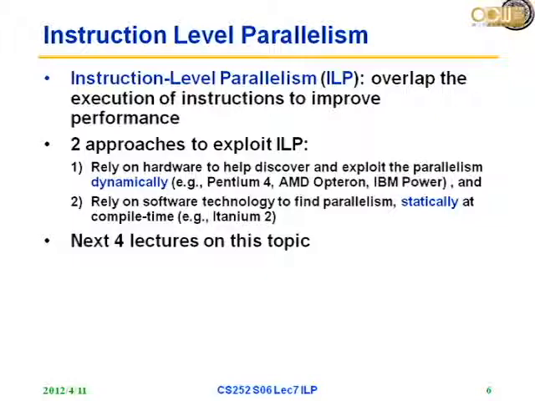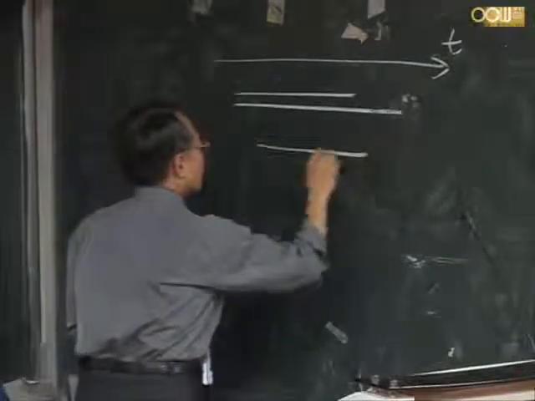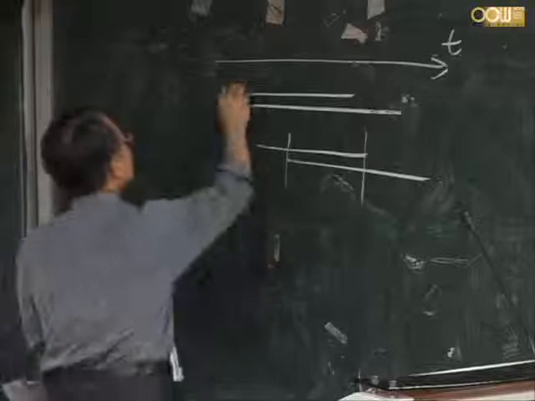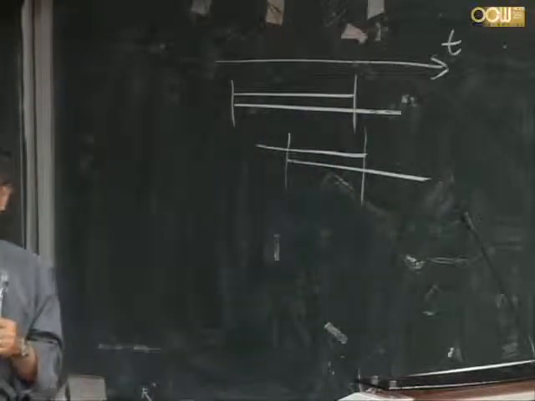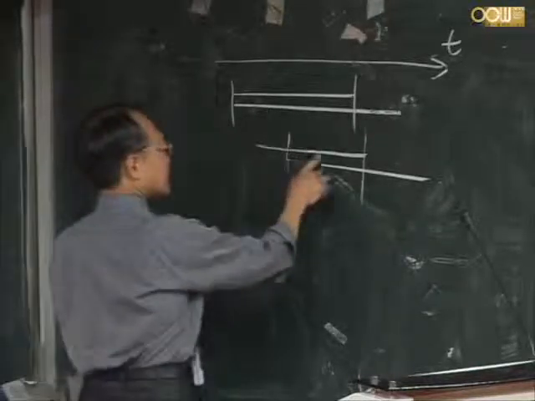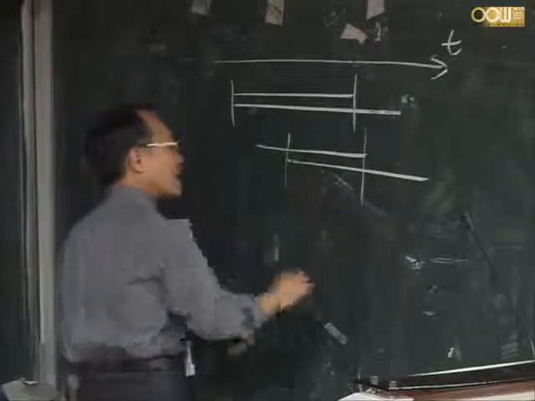If this is the time axis, instruction parallelism could mean this, where the other one could take more time or less time, doesn't matter. Or it can mean something in this form, simply partial overlapping. This is like complete overlapping, where at least one is 100% in parallel with the other. But for this one, none is 100% in parallel with the other. Yet we still can call this a kind of ILP.